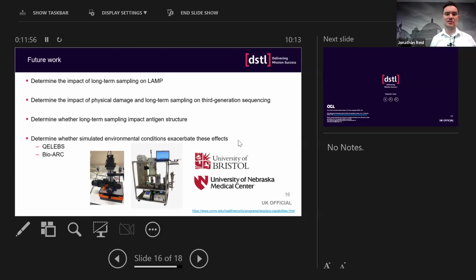The effect of physical damage and long-term air sampling will be assessed with third-generation sequencing technologies. I'll look at the antigenic structure, and further studies will look at the effect of environmental conditions on these assays using the QLabs and the BioArc, which is at the University of Nebraska. Thank you.